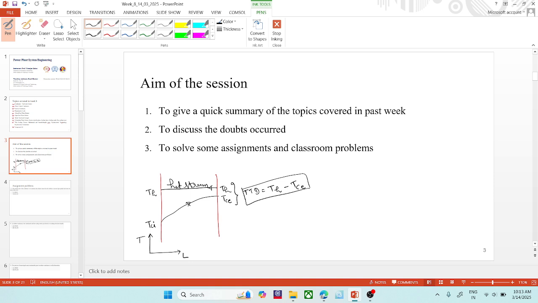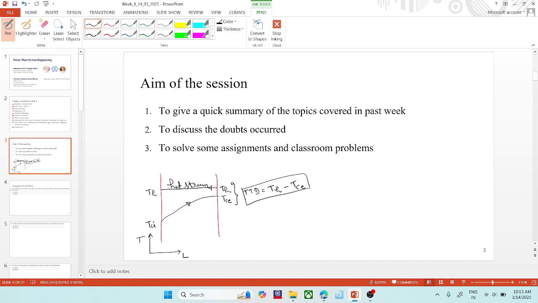And then we solved, I think, one problem on psychrometry. This is the quick summary of the things we have done.